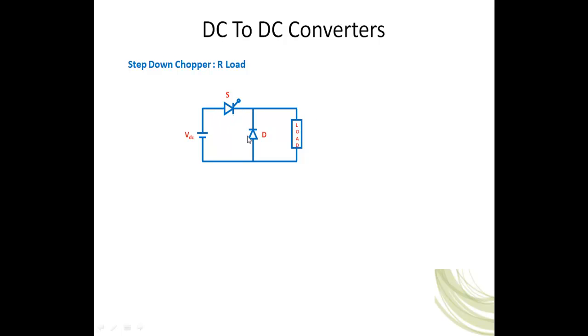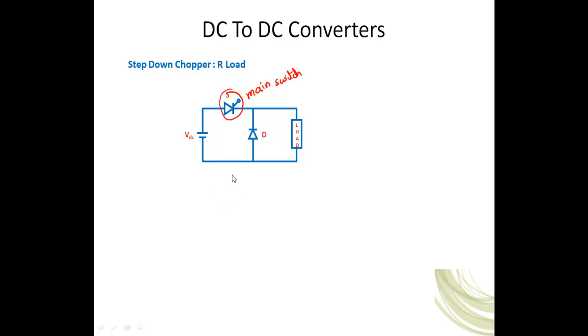That's why it is called chopper action. The switch keeps turning on, turning off, turning on, turning off; only then can we get that. That's why this is called the main switch.